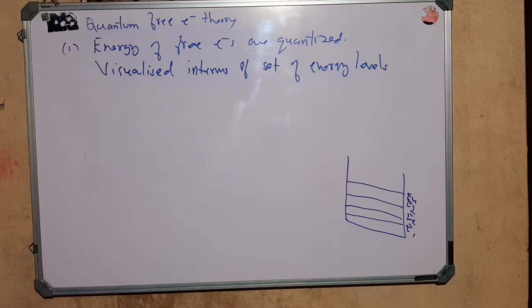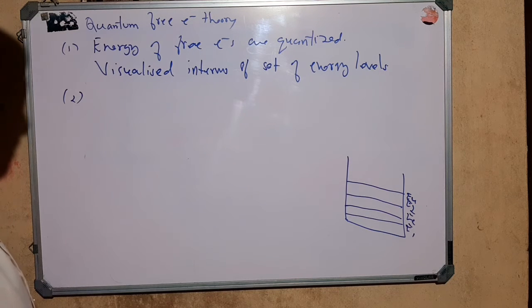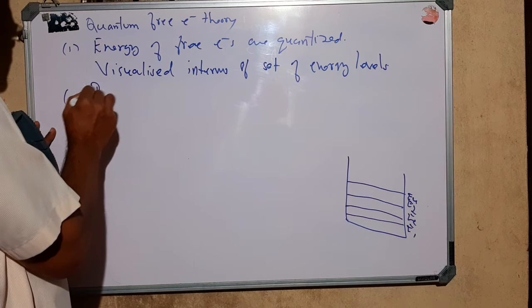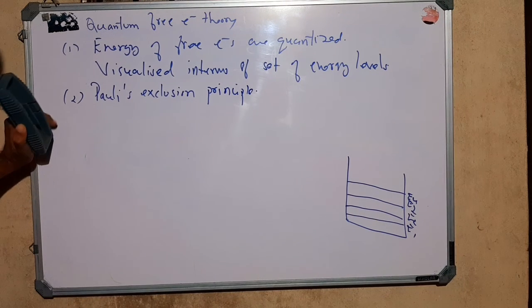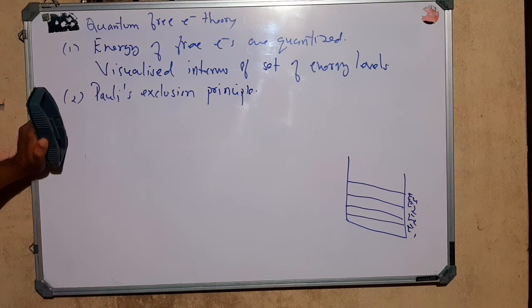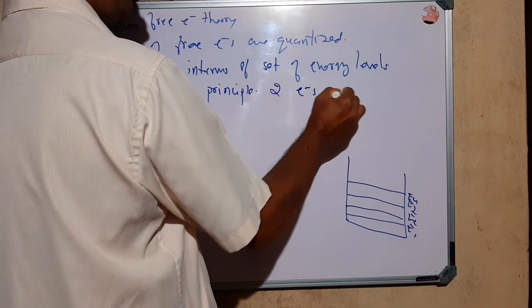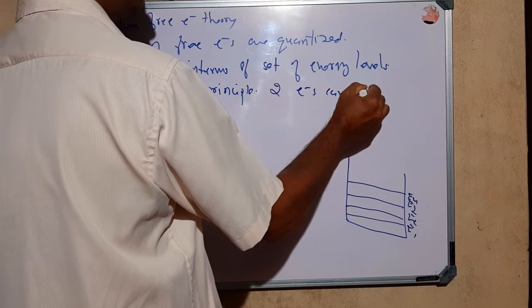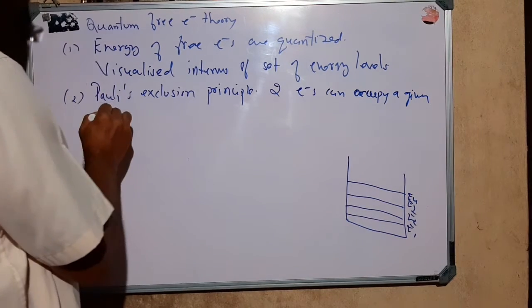So then the question is, how are these energy levels filled? To fill these energy levels, we use Pauli's exclusion principle. According to this principle, a maximum of 2 electrons can occupy a given energy level.